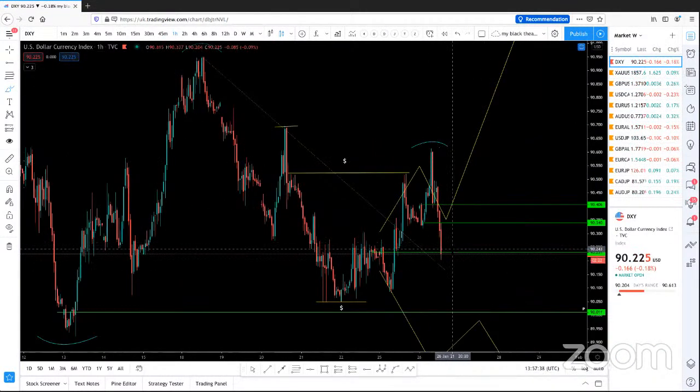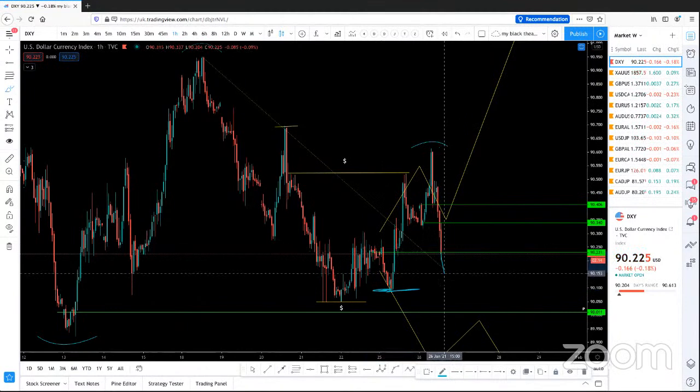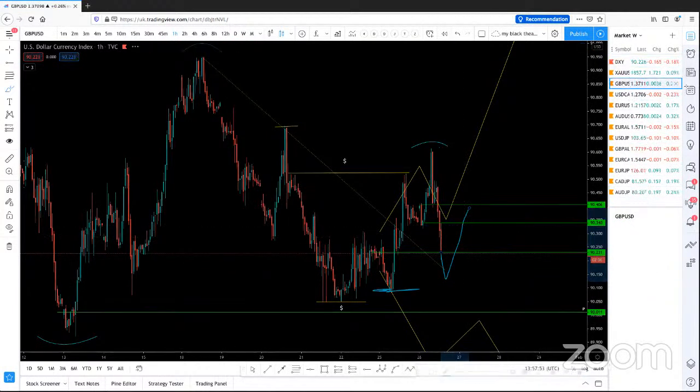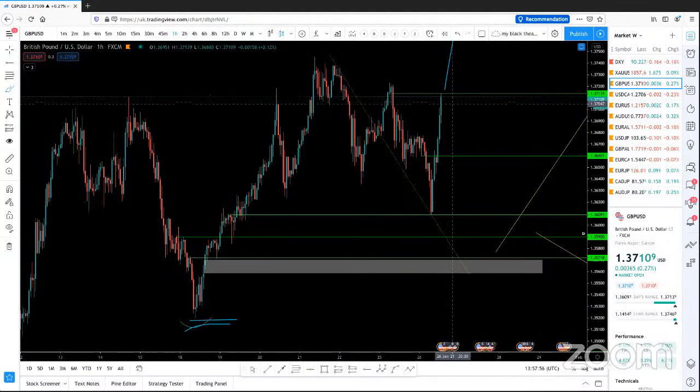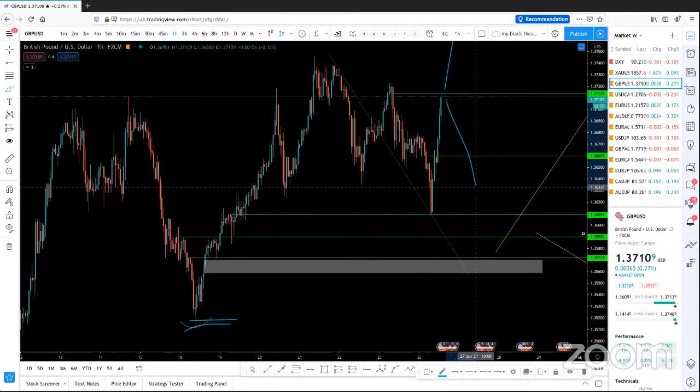On the other hand, suppose DXY, because this level is not violated yet, possibly could come here and try to reverse. If this happens, what will happen is GBP/USD runs lower.